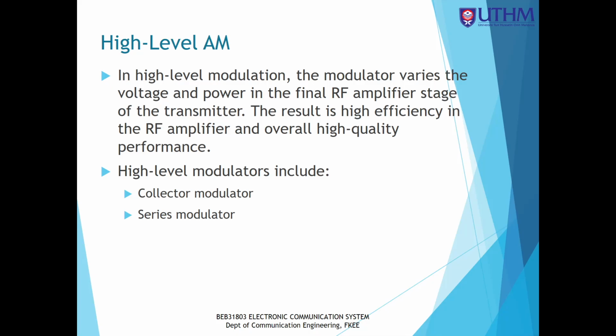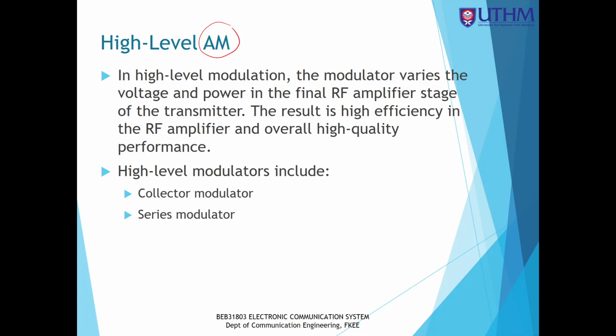So the next part is the high level AM, high level amplitude modulation. So AM here is we want to produce a double sideband full carrier. For high level, that means the output of the modulator consumes a high amount of power.